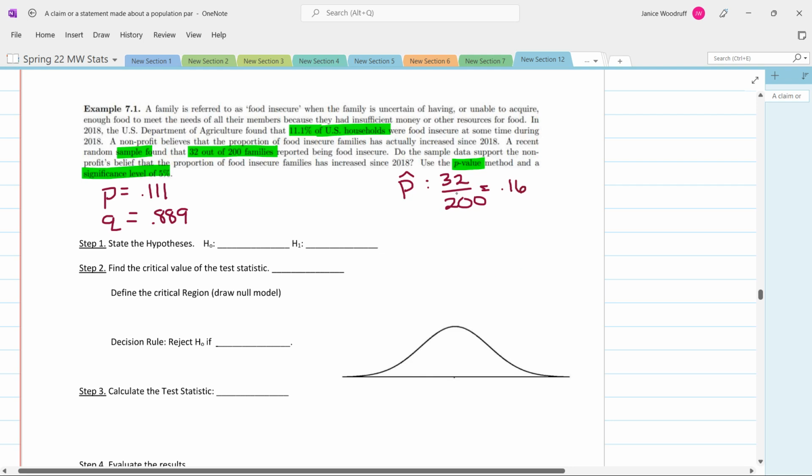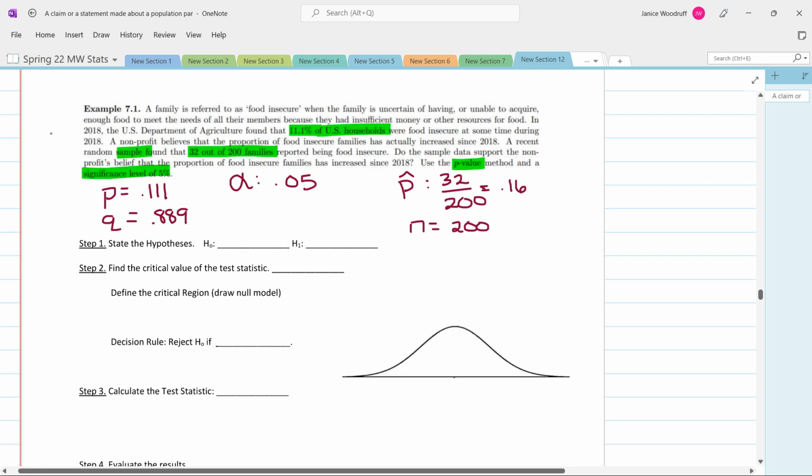Our sample size is 200. And the last thing we have is a significance level, 0.05. So we have all of the information.